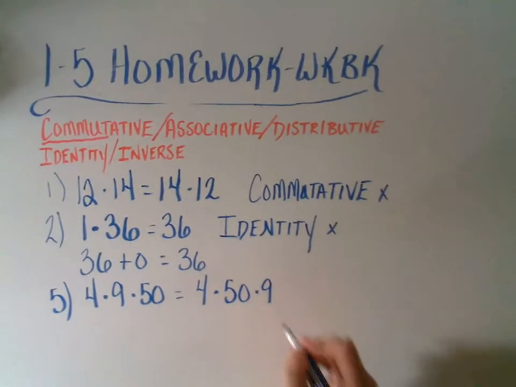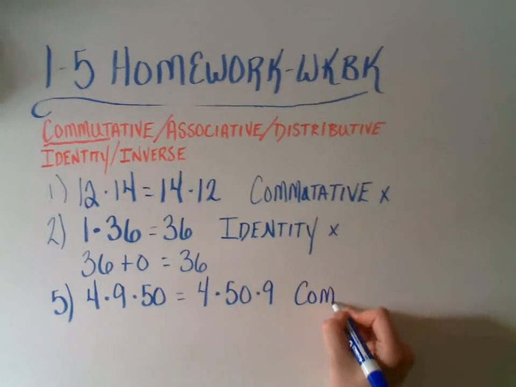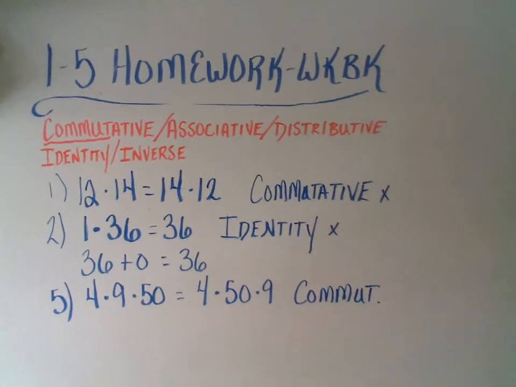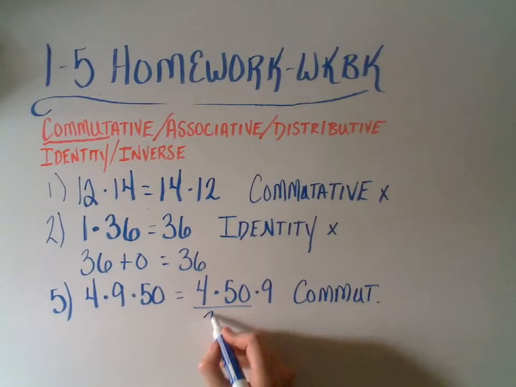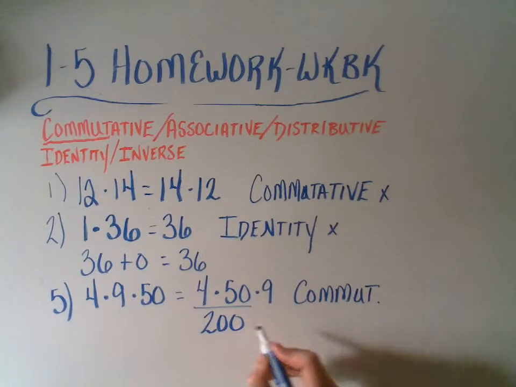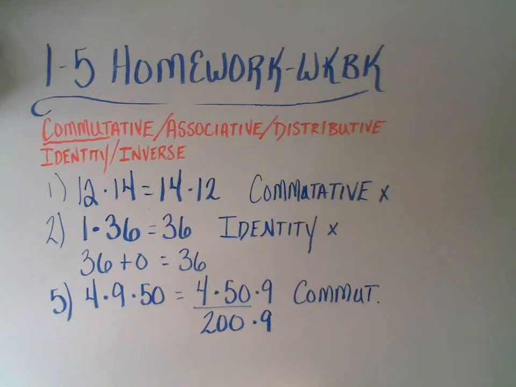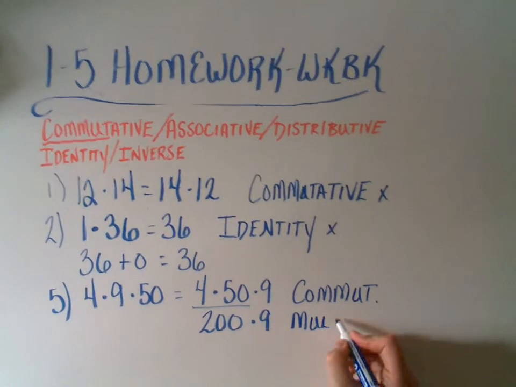Now I want to know how we did that, and we did that with the commutative property again. I changed the order of the numbers, but I'll still get the exact same answer. So I've got this 4 times 50 in the front now, and that's really nice because that's 200. All right, I've got 200 times 9 now. And how did I justify that step? Well, I multiplied. And how did I multiply?